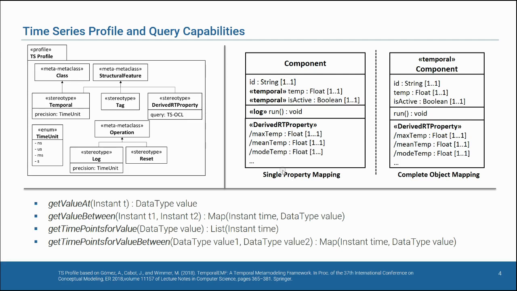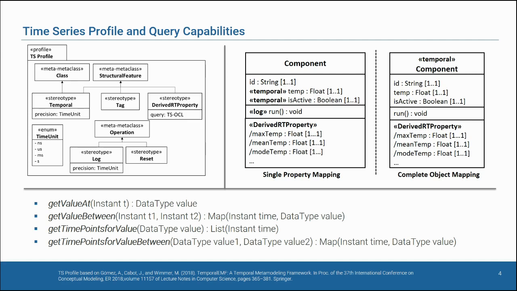On the one hand, in the single property mapping, each property which should be logged in the DSDB is annotated with temporal, and also the operation run is annotated with lock to log the operation run. On the other hand, the complete object mapping annotates the whole component with the stereotype temporal, and therefore everything is logged.